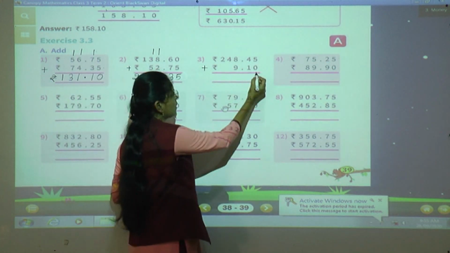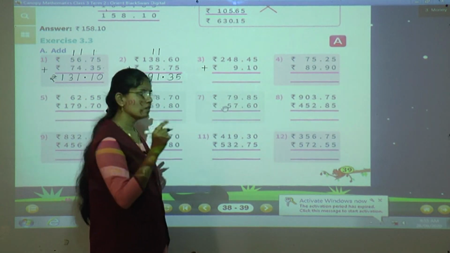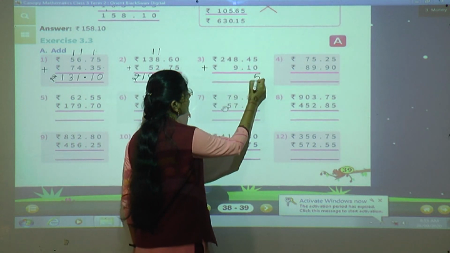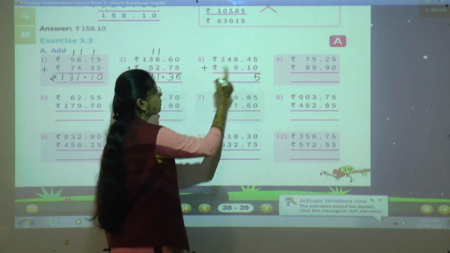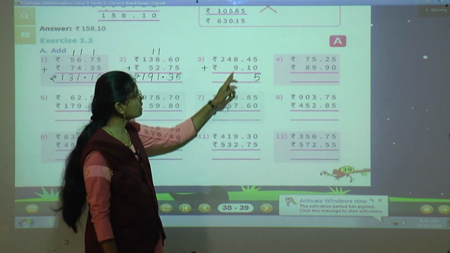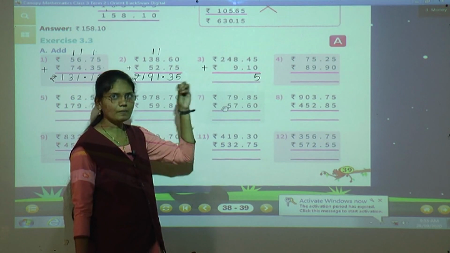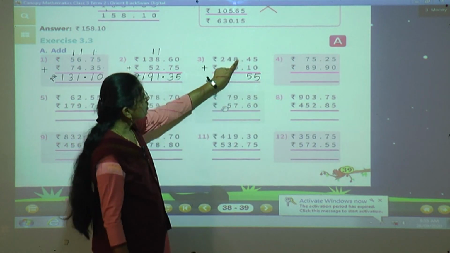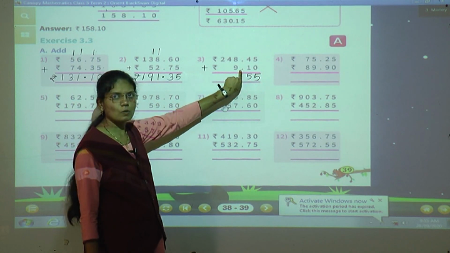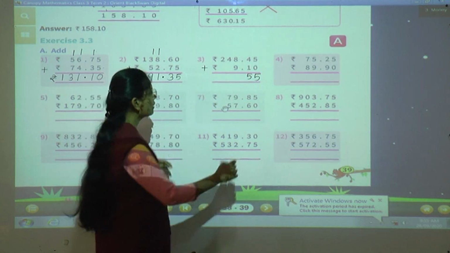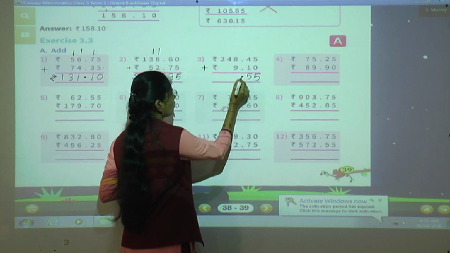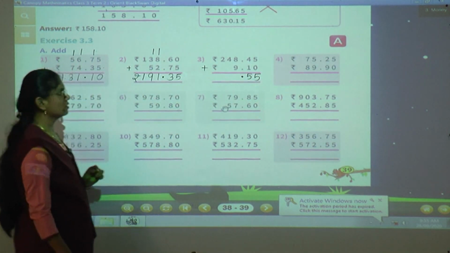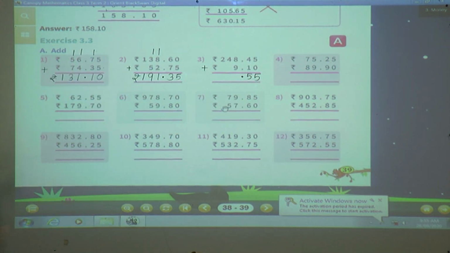Here 5 plus 0, 5. So write here 5. Then 4 plus 1, 5. So write here 5. Now here, see here dots are there. So what we will do? We will also give a dot in the answer. Okay. See, so all the three dots should be one below the other.